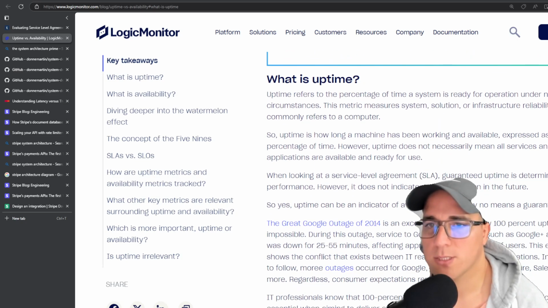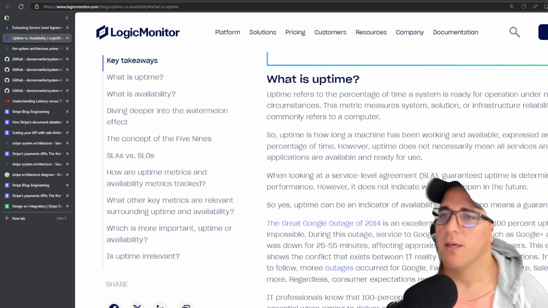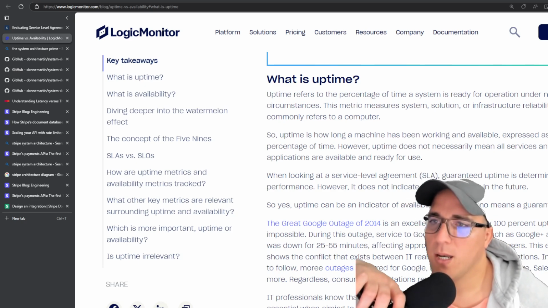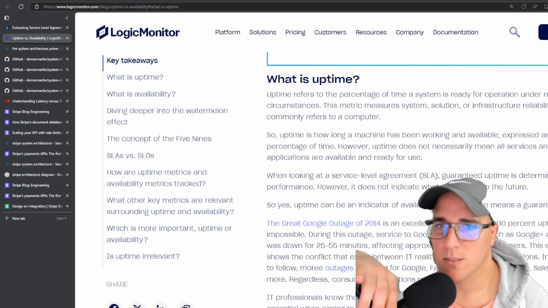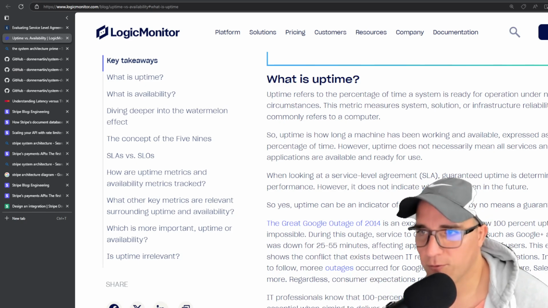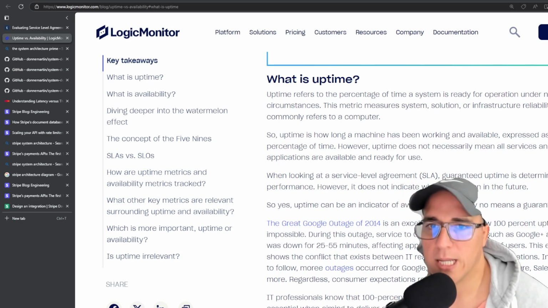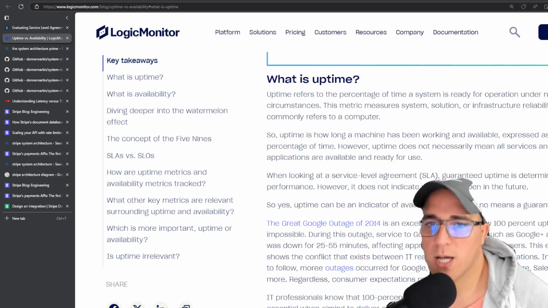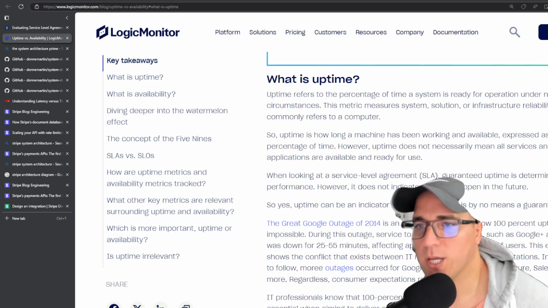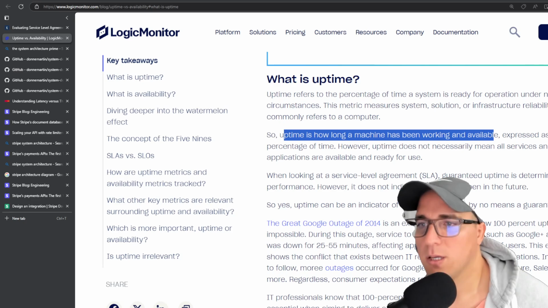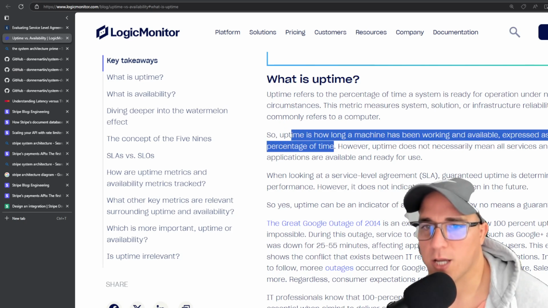Uptime refers to the percentage of time a system is ready for operation under normal circumstances. This metric measures system, solution, or infrastructure reliability and commonly refers to a computer. So uptime is how long a machine has been working and available, expressed as a percentage of time.